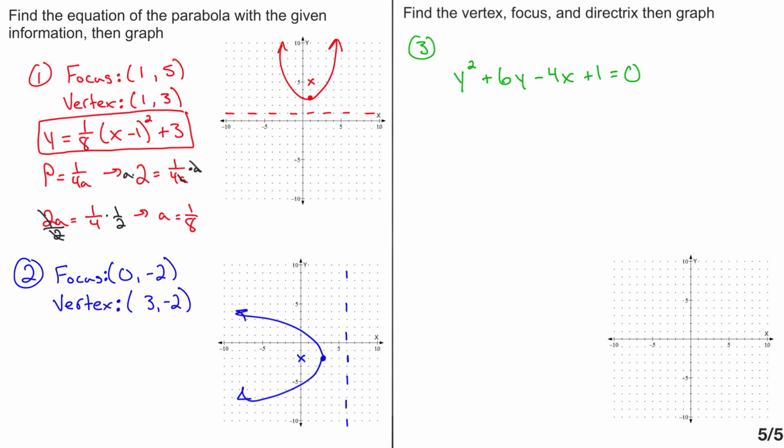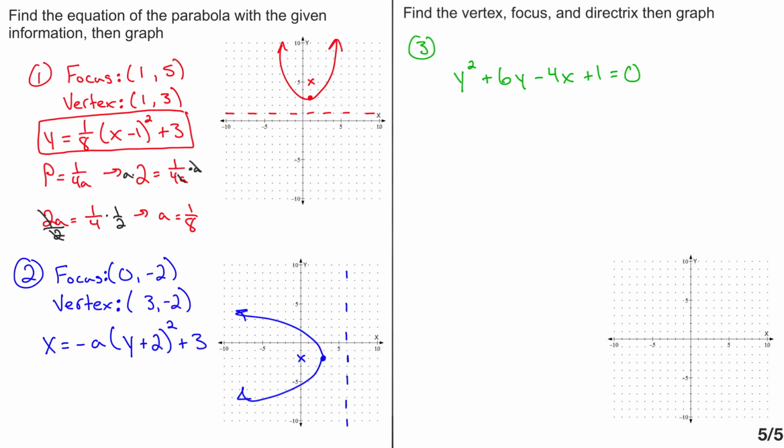But let's get the actual equation, shall we? So first, we already know that the formula is going to be x equals, because it's now going to be facing left and right. I also know that my a value is going to be negative, but I don't know what the a value is. But I do know it's going to be y plus 2 squared plus 3, because I went down 2, up 3.